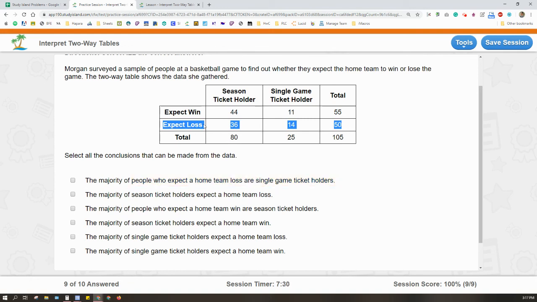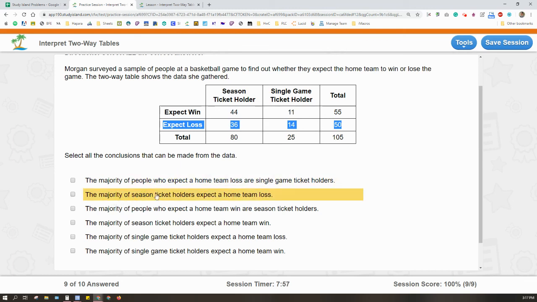So in the expect a loss row, there's 36 season ticket holders and 14 single game ticket holders. So the majority of people who expect a home team loss are single game ticket holders? No, there's a majority that are season ticket holders, as a matter of fact, and this statement's not true. 36 out of 50 of the expect a loss crowd are season ticket holders. So let's move on to the next statement.